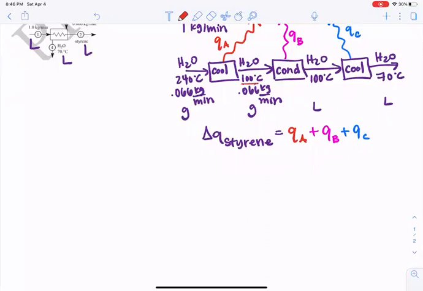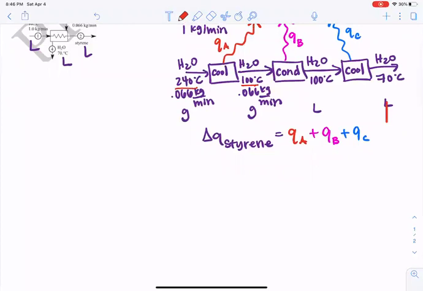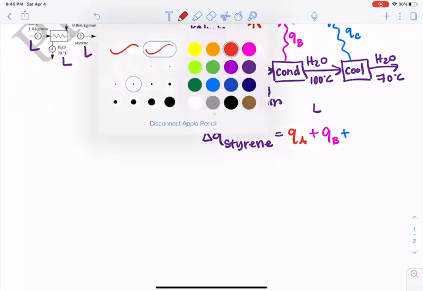There's going to be a 100 minus 240 in there. But that's the change in heat of the water. So the amount of heat that leaves the water is going to need to be a positive number.